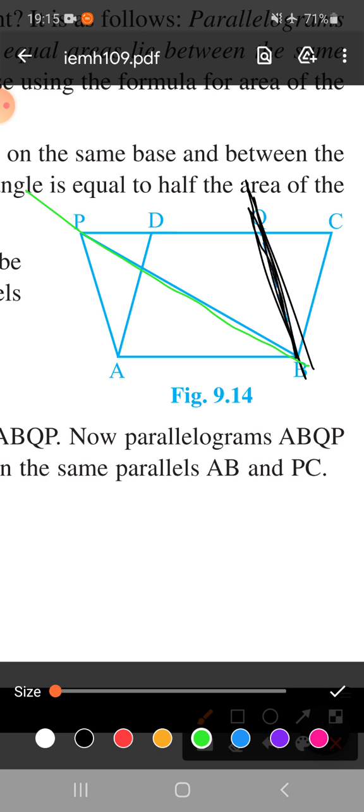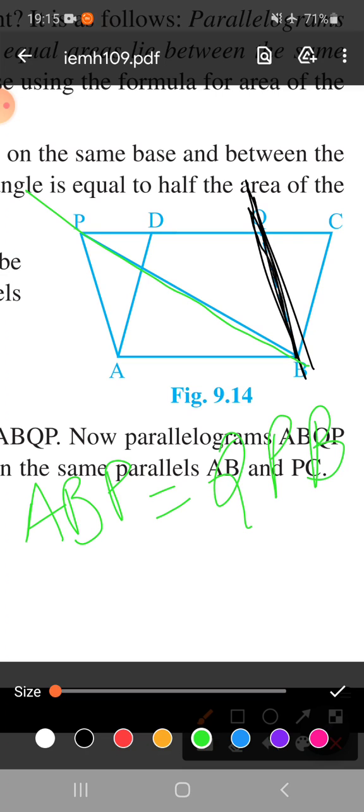So the area of triangle ABP will be equal to the area of triangle QPB. Also we have seen that the area of parallelogram ABCD is equal to the area of parallelogram ABQP.